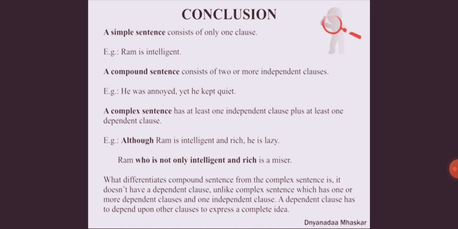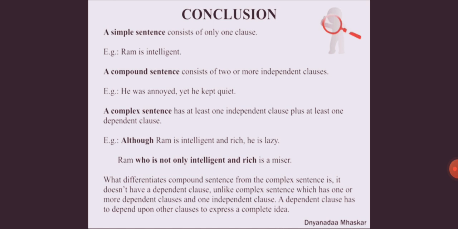Let us see what is a complex sentence. A complex sentence has at least one independent clause plus at least one dependent clause. Example, although Ram is intelligent and rich, he is lazy. Another example, Ram, who is not only intelligent and rich, is a miser.